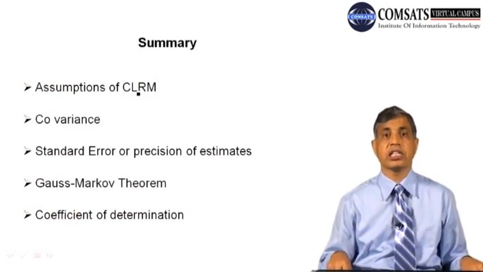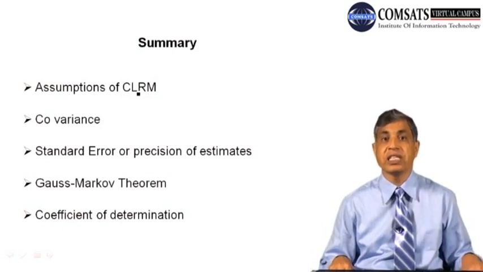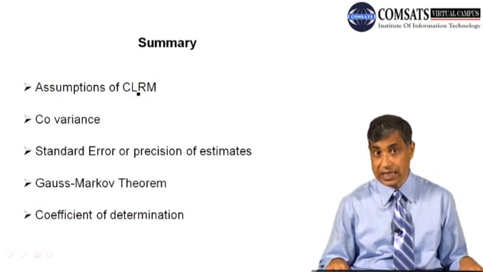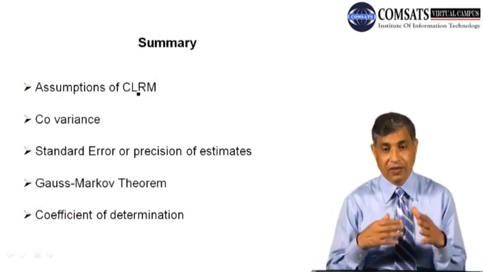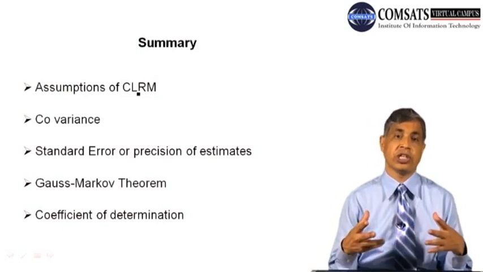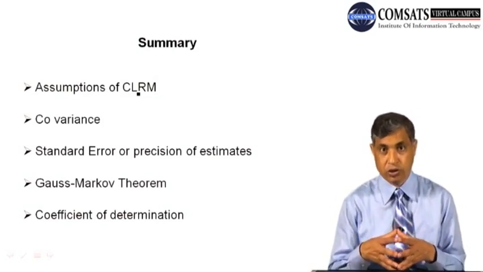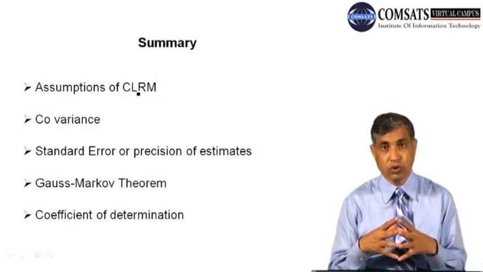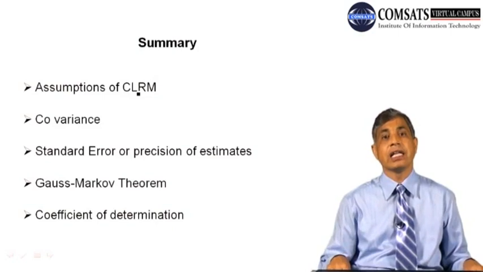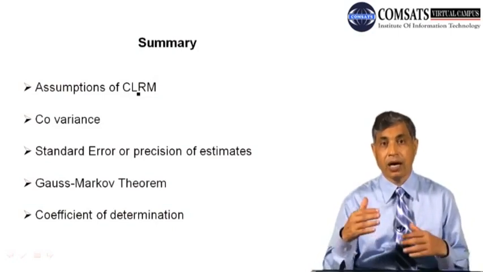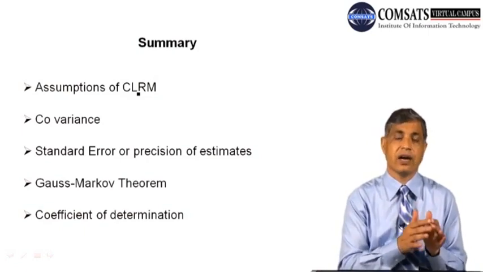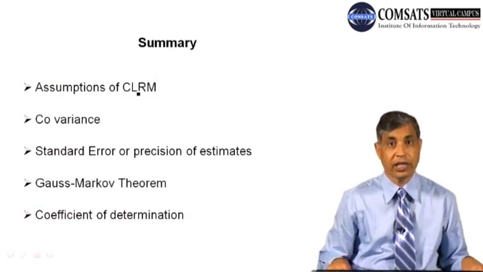Then we studied the covariation between the beta 1 hat and beta 2 hat. This was very interesting because from sample to sample the values of the betas keep on changing. And here we also suppose, or rather this is the reality, that within the same sample there may be dependence of beta 1 hat on beta 2 hat.